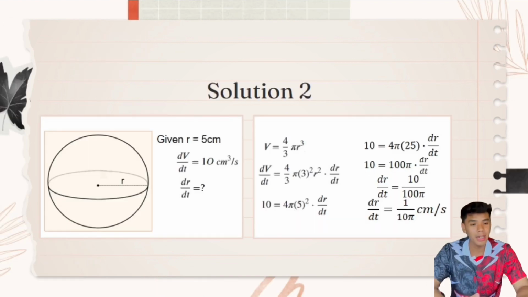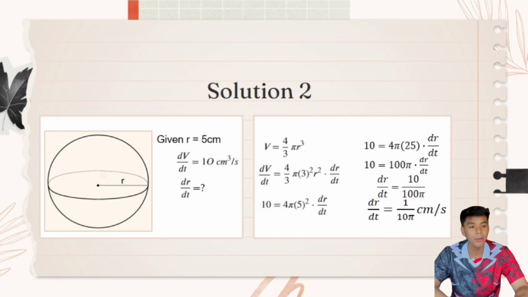As we know, its radius is 5 cm, so we use dV over dt equal to 10 cm³ per second. So, what is dr over dt? As we know, the volume of a sphere is 4/3 pi r³, and we use dV over dt equal to 4/3 pi times 3 r squared dr over dt, and we get 10 equal to 4 pi times 5 squared times dr over dt.